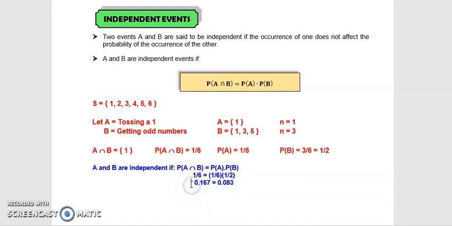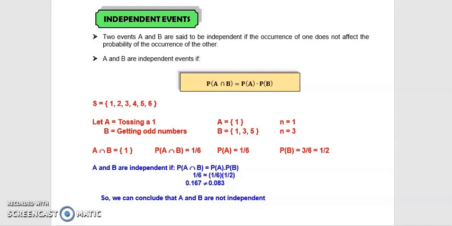So we know that 0.167 is not equal to 0.083. If not equal, we can conclude that A and B are not independent.